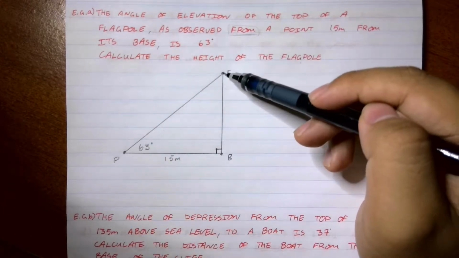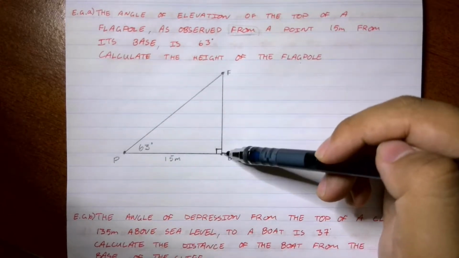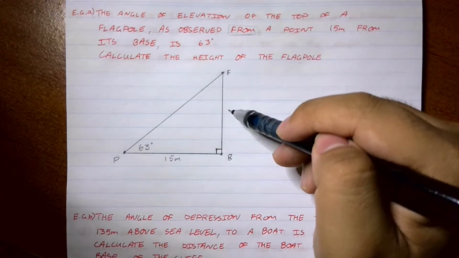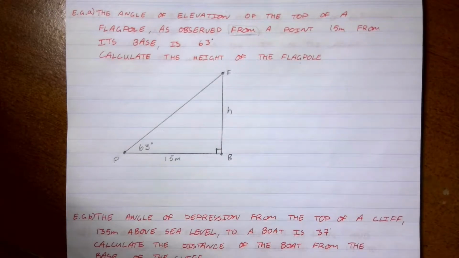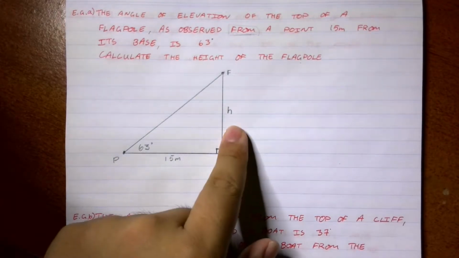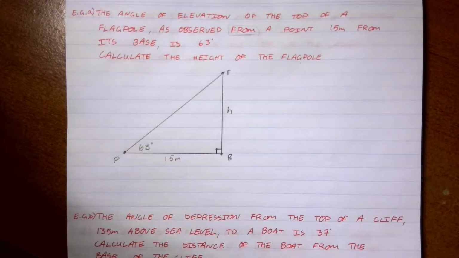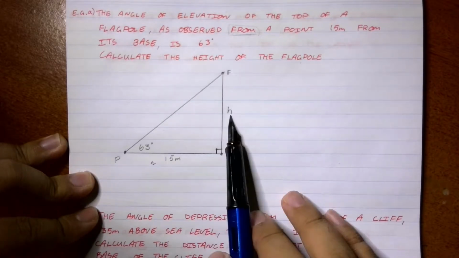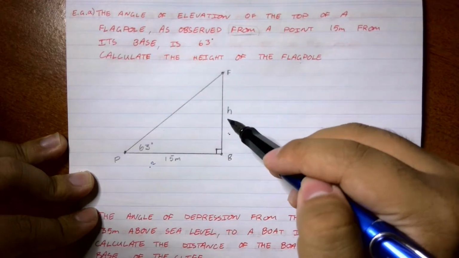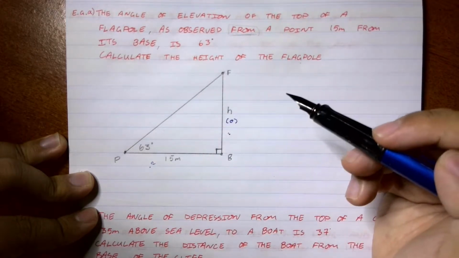Well, if this is the top of the flagpole and this is the base of the flagpole, this here must be the height. Let's put that as H for the height. So let's use some trigonometry to calculate this missing value of H. So from this angle, our reference angle, this is opposite from the angle, so let's put this as O for opposite.